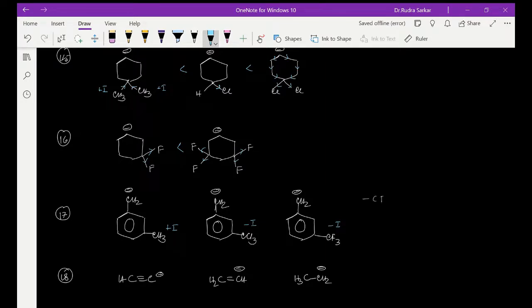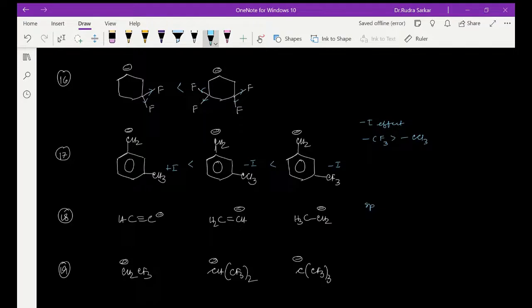Group electronegativity of CF3 is going to be greater than that of the CCl3. So this is the minus I effect order, and hence we will say CF3 molecule will stabilize the carbanion more than the CCl3, which will stabilize more than that of the CH3.